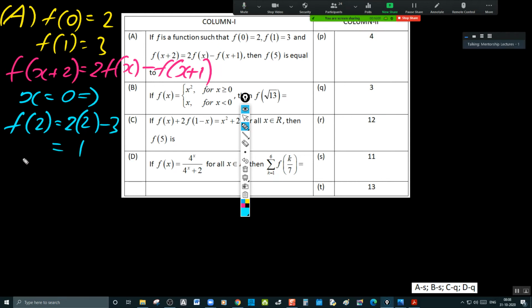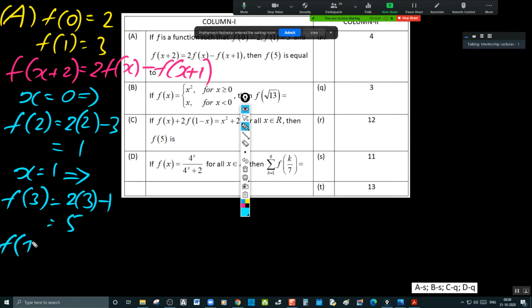Similarly, we have got f(2) now. Put x equal to 1, and you'll get f(3). f(3) is equal to 2f(1), that is 2 into 3, minus f(2), which is 1, so it is 5.